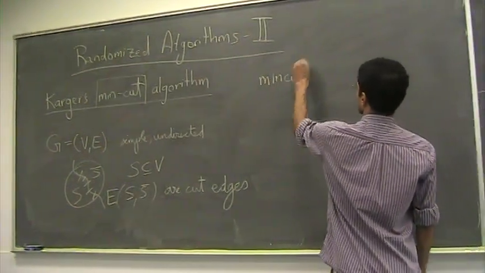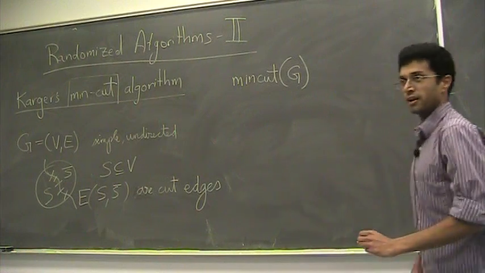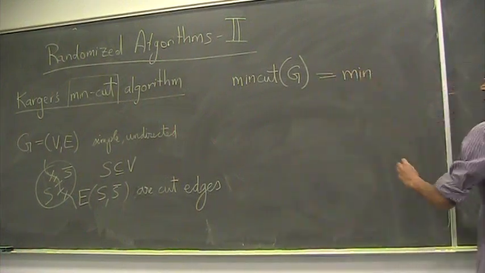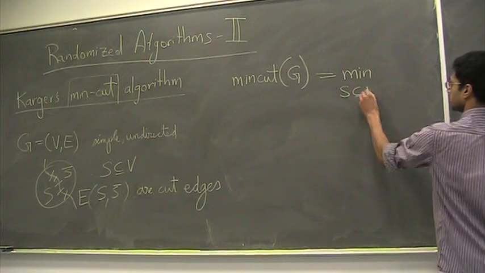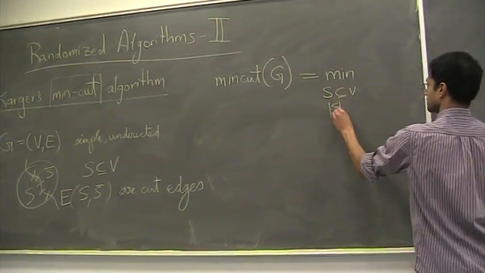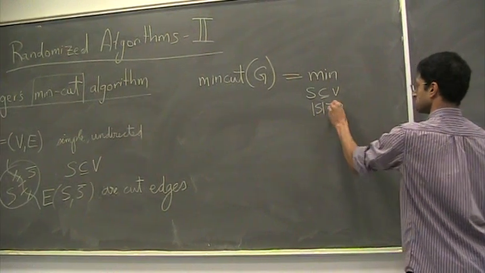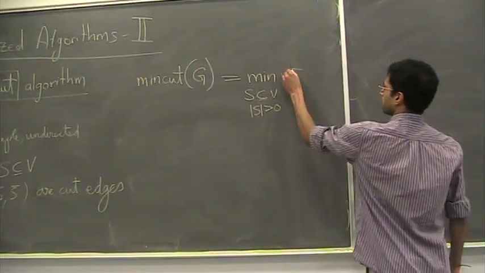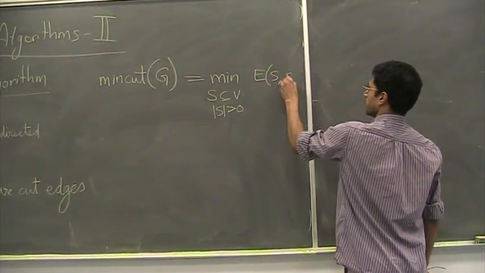We'll say the min cut of the graph is the minimum, over all non-trivial subsets S, of the number of edges that go from S to S complement.